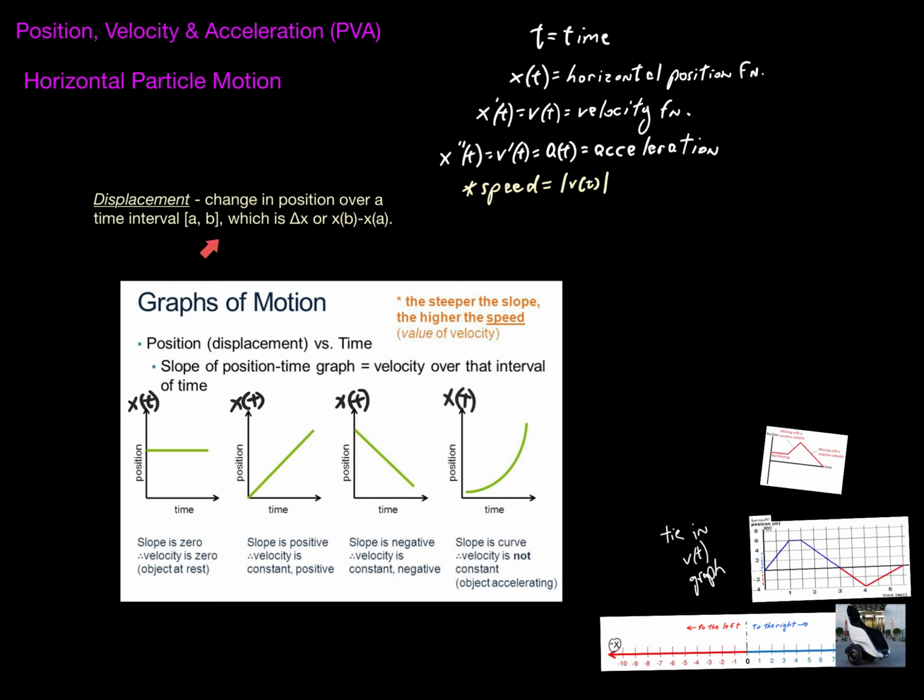If you're starting from a to b, the change in x would be basically the numerator of your slope function. The slope of your change in position over time would be the change in your x values over the time frame, which is b minus a. Same concept, you're just finding the change in x over the time. And if that's the slope of the x position, that's the derivative.